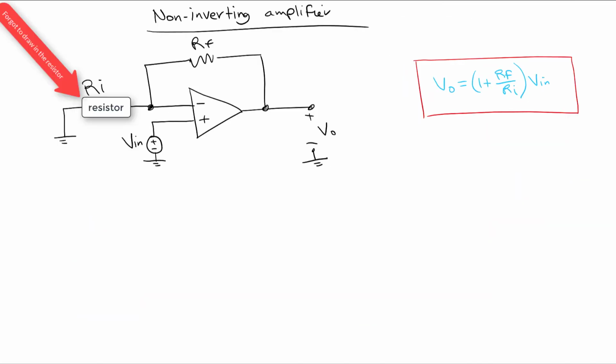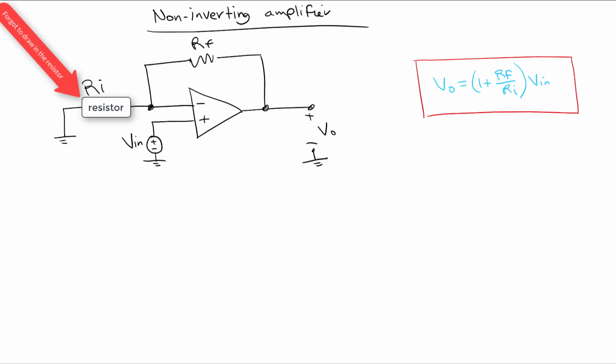Okay, so our second op-amp configuration is the non-inverting amplifier, and it looks like this. On the right we see the op-amp equation. So it's Vout is equal to 1 plus RF over Ri times Vin.